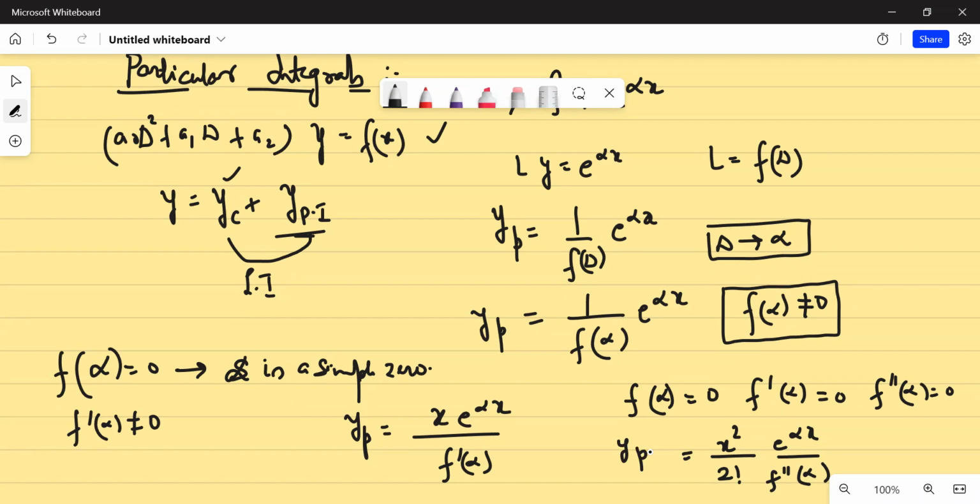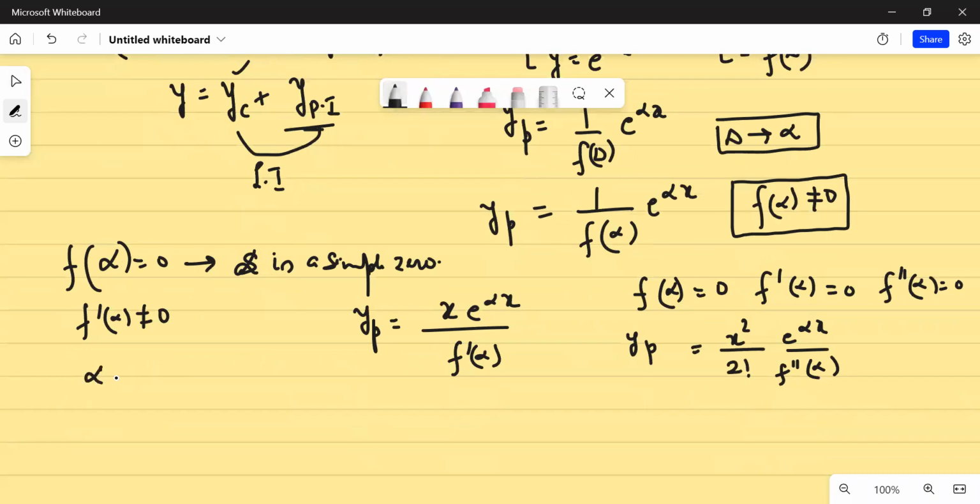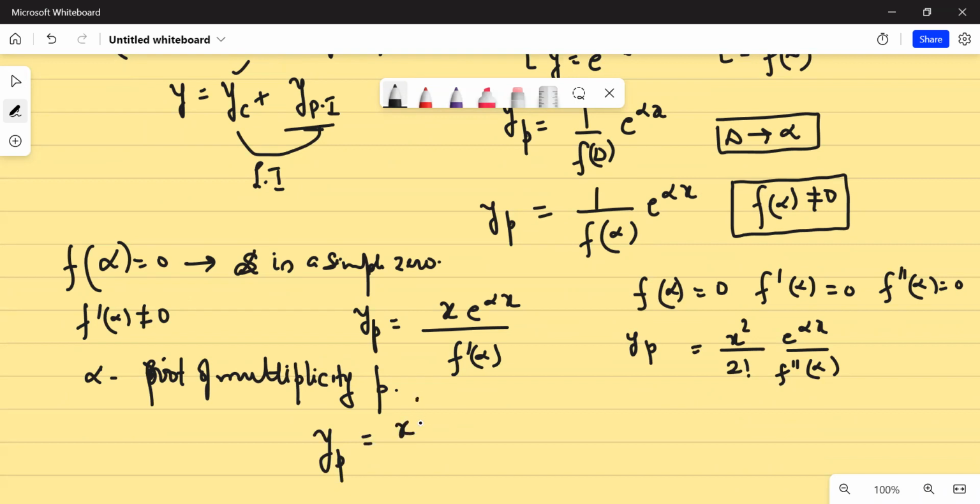Or you can say that if alpha is a root of multiplicity p, then your y_p can be written as x^p e^(alpha x) over p factorial f^(p)(alpha). Is that clear or not clear?